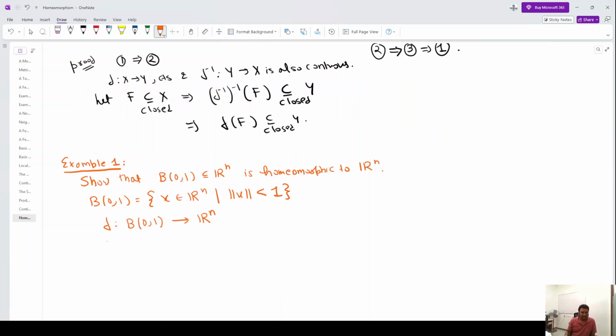Now listen, guys. What you will do is take a point in the ball, right? You know that norm of x is less than 1. What does this imply? This implies that 1 minus norm x is bigger than 0, of course.